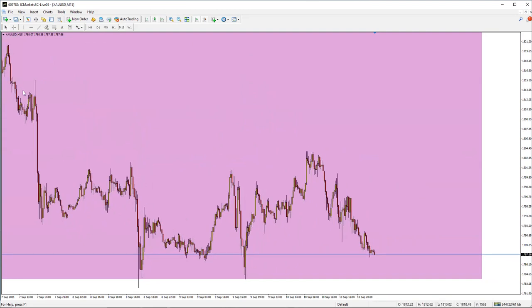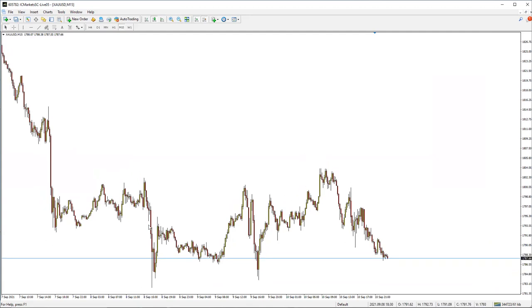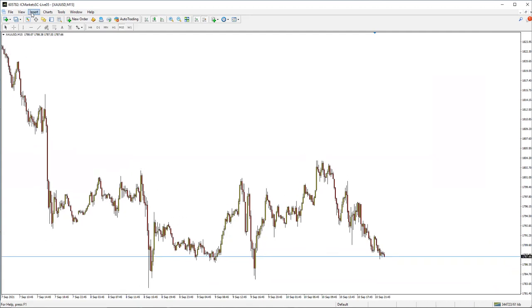But in the 15-minute, we can see this is where price moves sideways. This is where price breaks out.